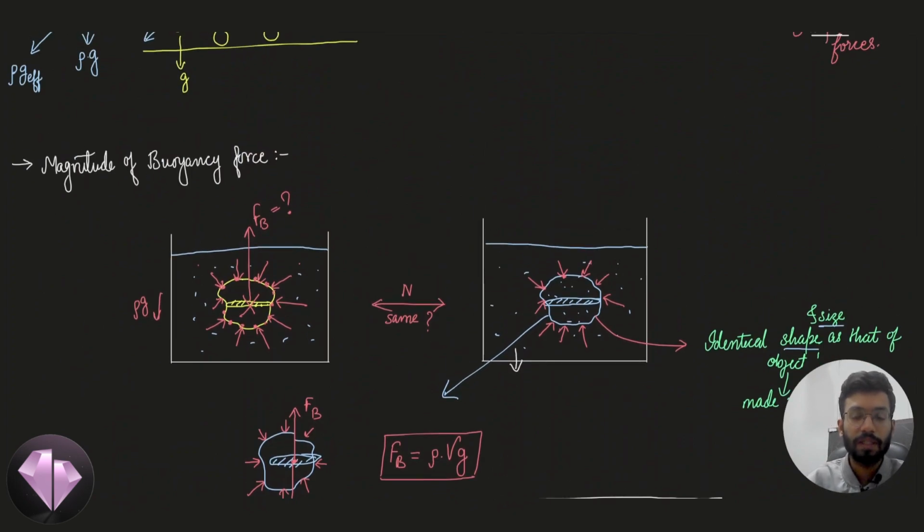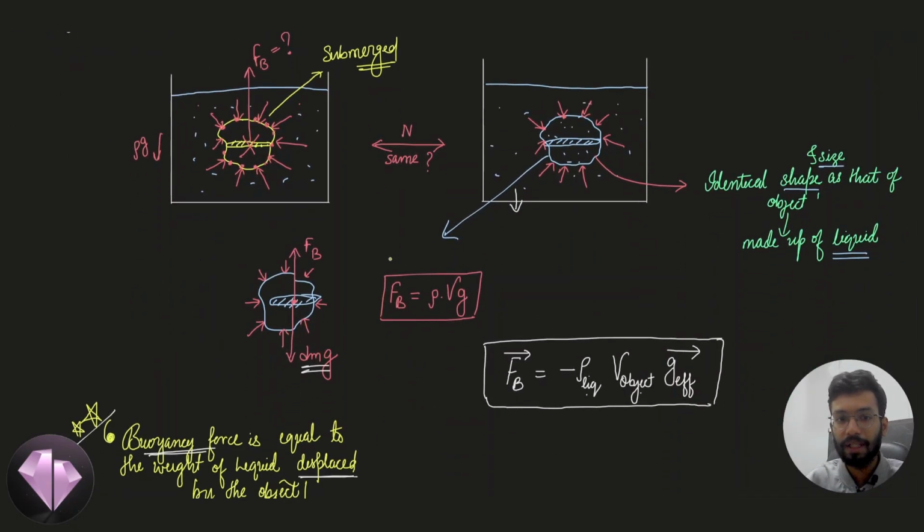So this object is right now submerged completely. So ये जो वस्तु है ये डूब रही है, right? और ये उतना ही लिक्विड डिस्प्लेस करती है. It has displaced the exact same amount of liquid which has volume equal to the volume of the object.